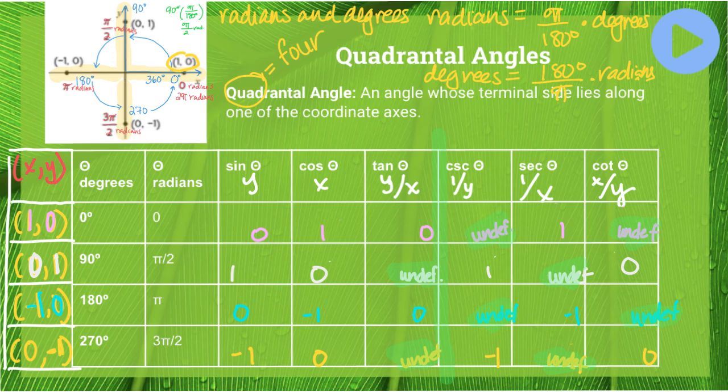So if you have a fraction as a function, then you bear the risk of having a 0 on the denominator. And anytime a 0 would pop up on the denominator, that's when you get that undefined function. Also notice that 180 degrees and 270 degrees have negative 1 for the x and the y.